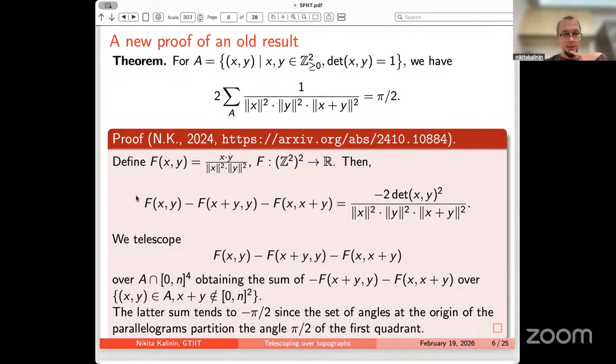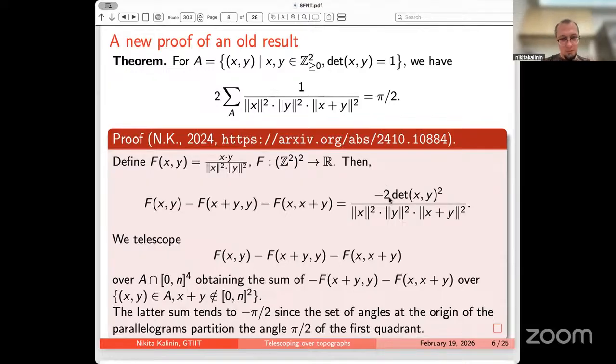And then by explicit computation, you see that it will be -2 times the determinant divided by x plus y squared. And since we restrict our formula to pairs of vectors with determinant 1, immediately here you have just -2. Okay, and so then you telescope this identity over all vectors, and this way you compute this sum. Okay, and 2 comes from 2 here.